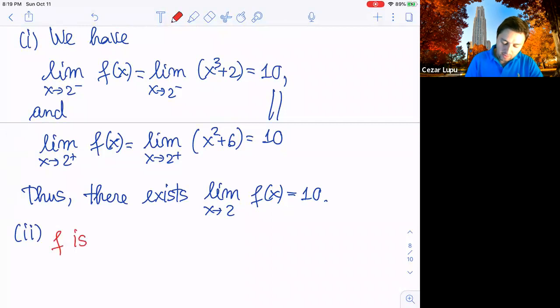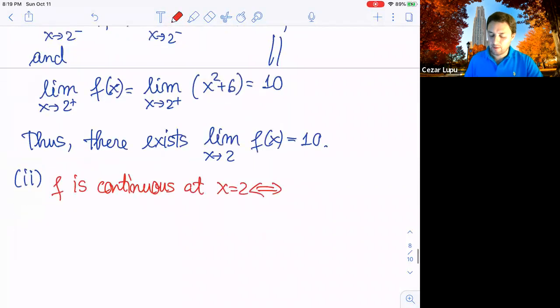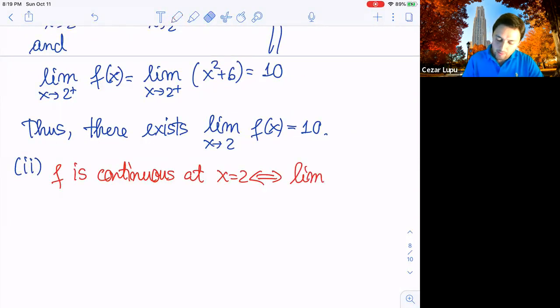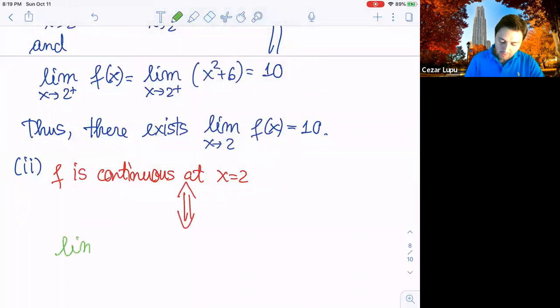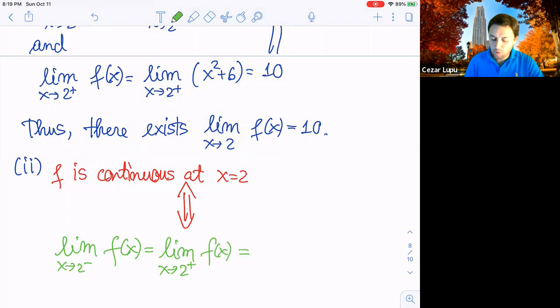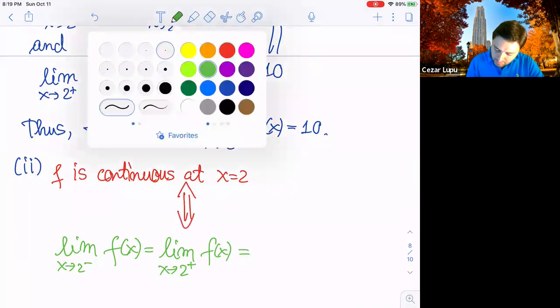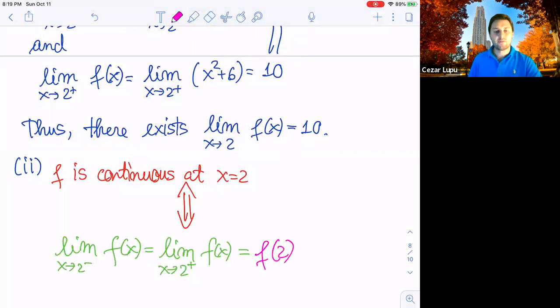F is continuous at the point x equals 2 if and only if, so it's an equivalence, the limit from the left as x approaches 2 agrees with the right-hand limit of f of x, and moreover, it will agree with the value of f at 2.